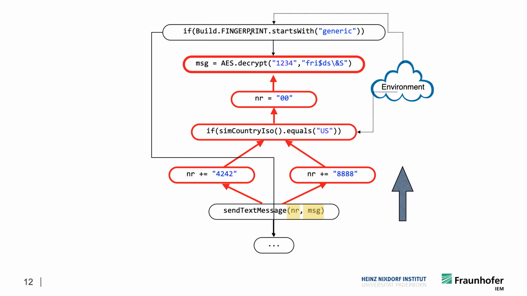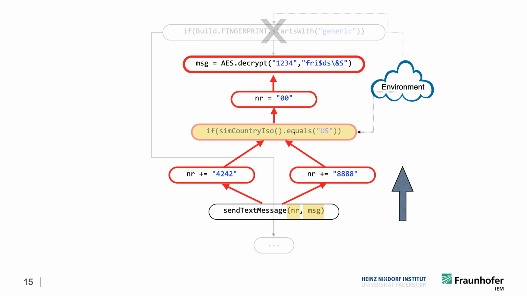So we don't even need to make this part of the slice, because in the end the branch decision isn't really relevant here. We know that we need to take this arrow, this control flow path, in order to get here. So this emulator check can already be thrown out just by the static analysis.